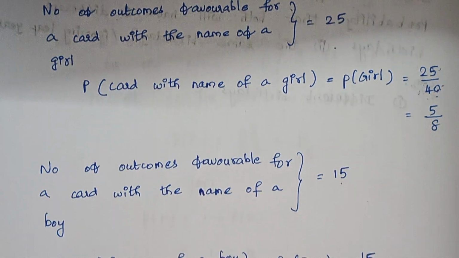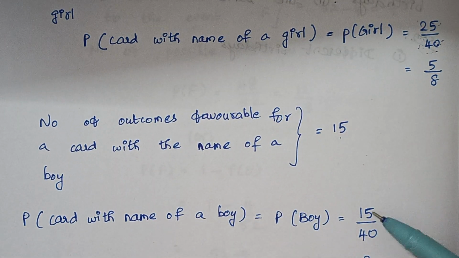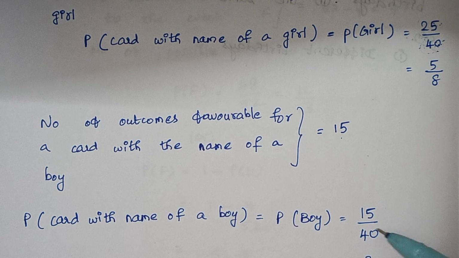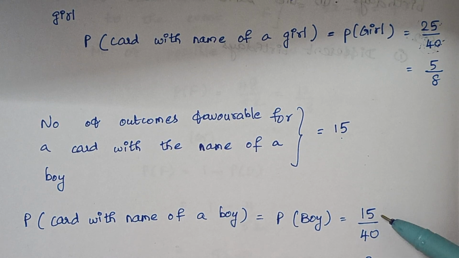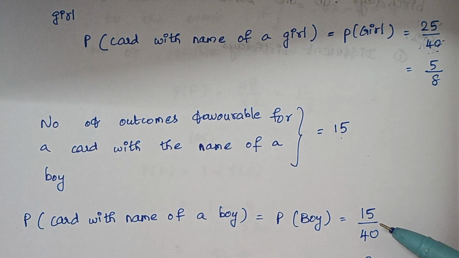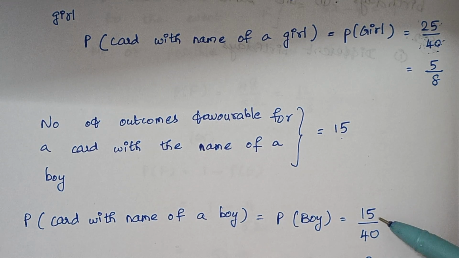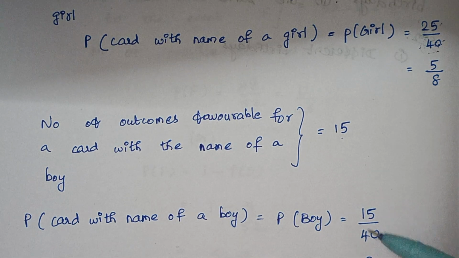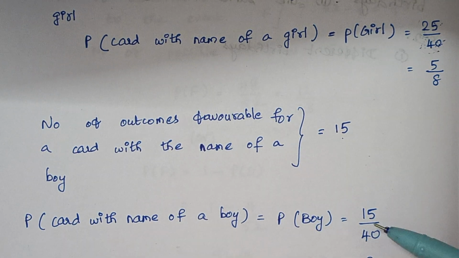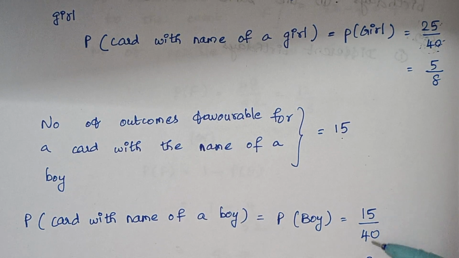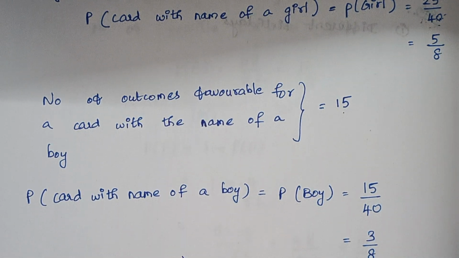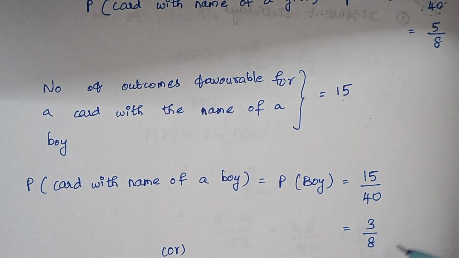The probability is 15 by 40, because out of 40 students we are having 15 boys. Only within these 15 boys will we select any one. Therefore the probability of selecting a boy is 15 by 40. Again, cancelling using the fifth table, we get the answer as 3 by 8.